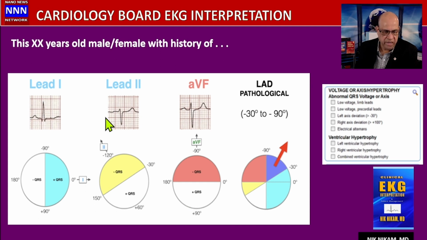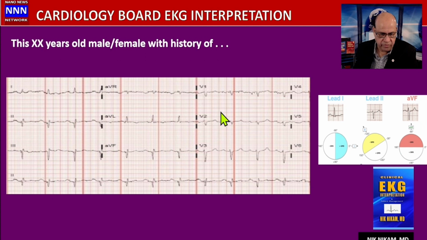So by combining any one of these 2 leads, you can determine what quadrant you're in. And you can take the third lead and narrow down the degrees from 0 to 90 or 90 to 180 or 0 to minus 90 degrees. And that's how we can very quickly determine by looking at lead 1, 2, and AVF. Let's do some examples here and see what we can determine.